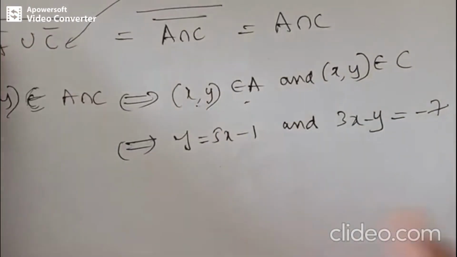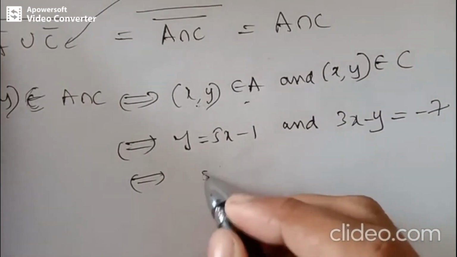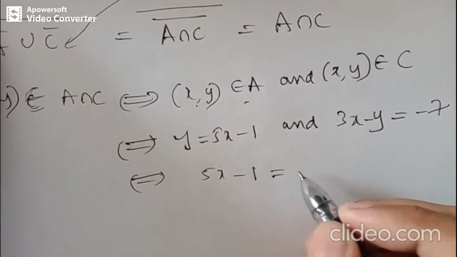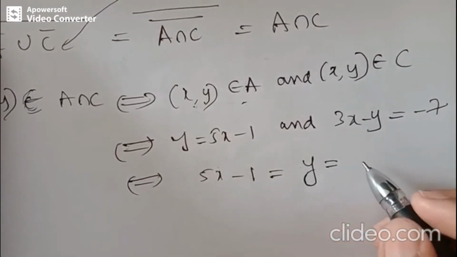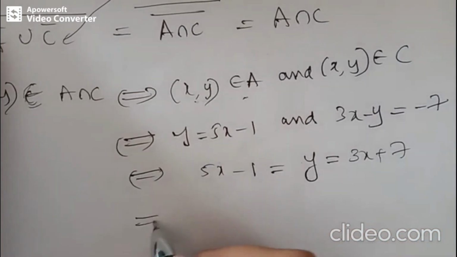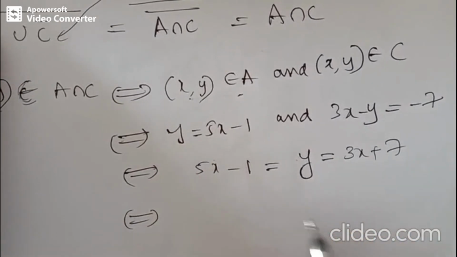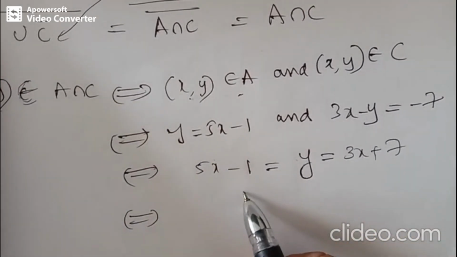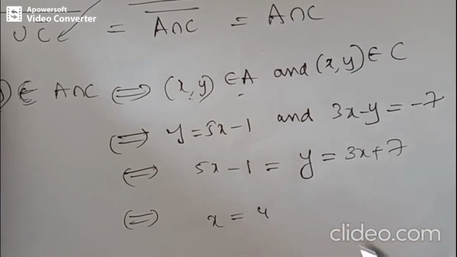So now we can equivalently substitute. This will be y, which is nothing but 3x plus 7. Okay, overall when you substitute you will get 8 is equal to 2x, or x is equal to 4.